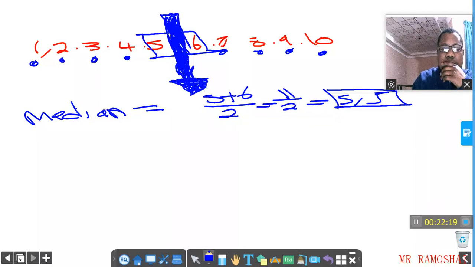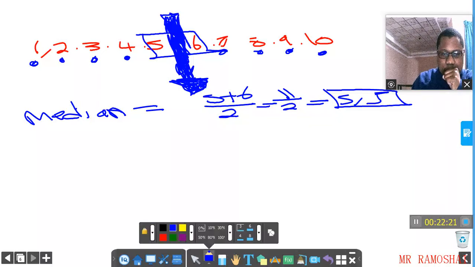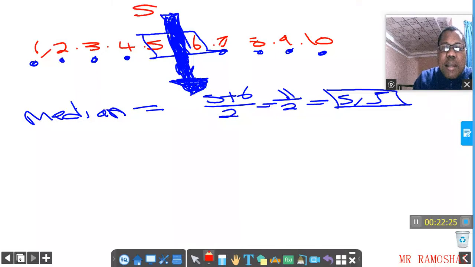Let me write it here on top, with the red pen. That means our middle number here is 5,5. And here guys, we don't round off, because the moment you round off, you are changing it. Your middle number is no longer going to be 5,5. It's going to be another number. So here we don't round off.